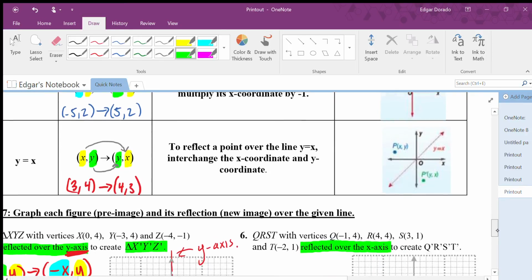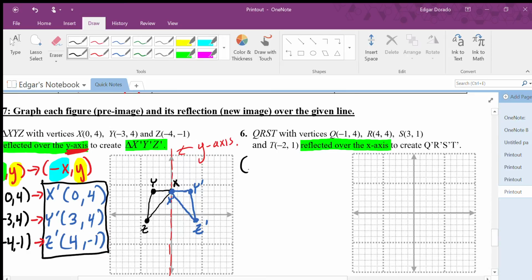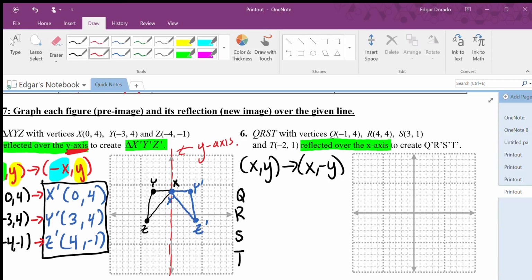So go ahead and graph your pre-image, and then go from there. Set up your Q, R, S, T, and then figure out what those ordered pairs are going to turn into. Okay, go ahead and pause the video at this time and give that a shot.